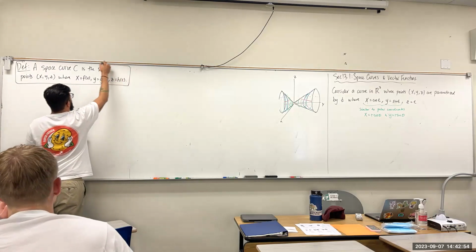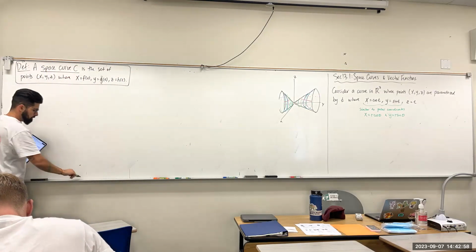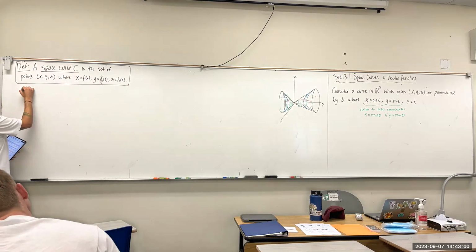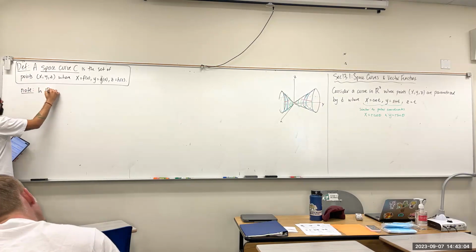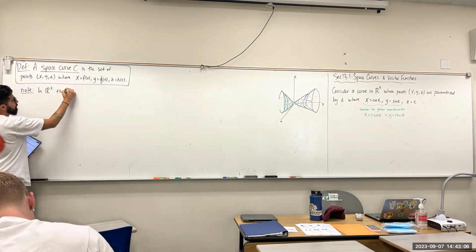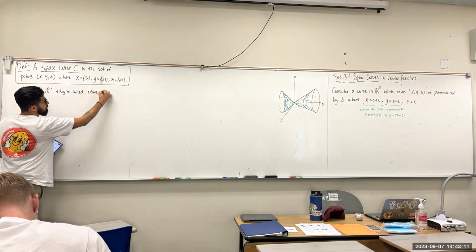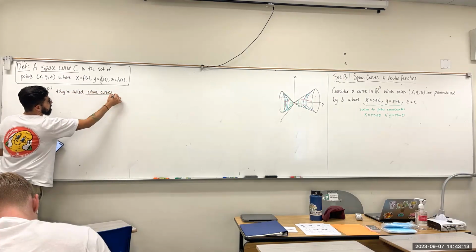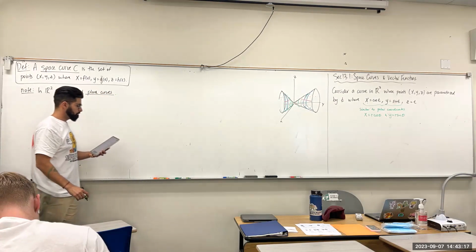When we're dealing with R3, we call them space curves. Okay? When we're dealing with two dimensions in R2, they're called plane curves, where they're just curves that are being drawn in the plane.